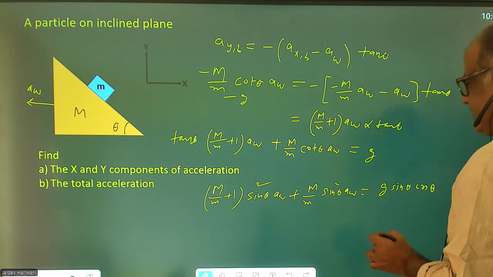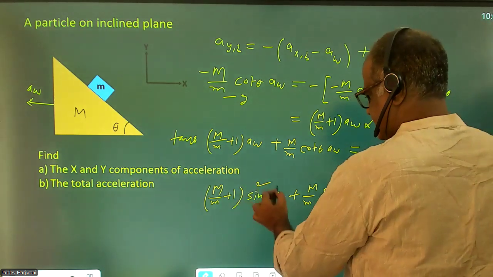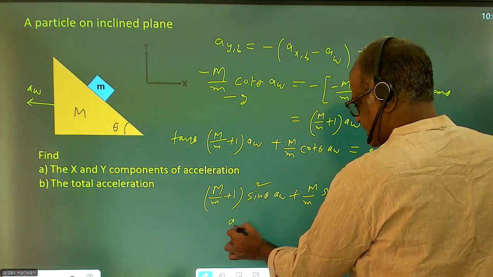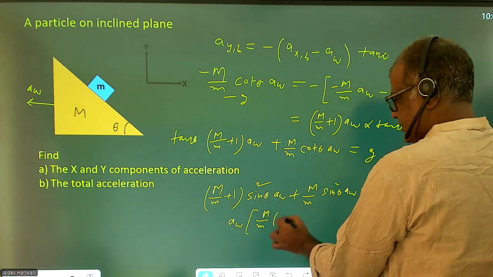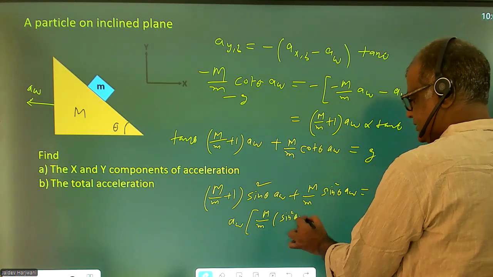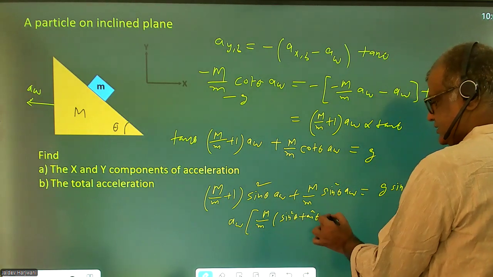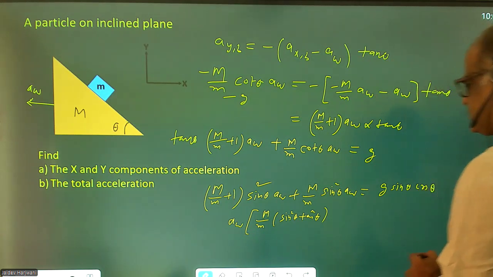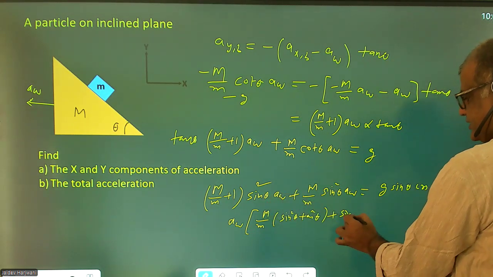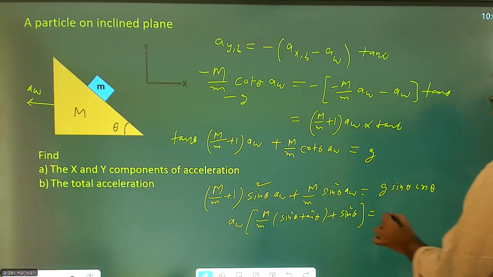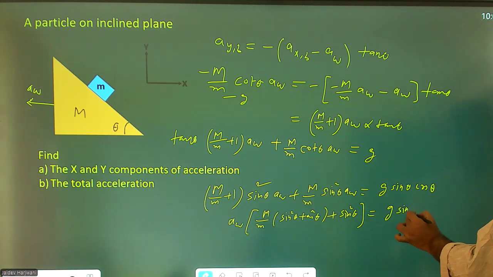If I take common here, a wedge will come out: m upon M sine squared theta plus cos squared theta plus sine squared theta, equals g sine theta cos theta.